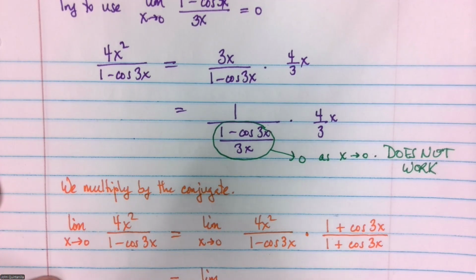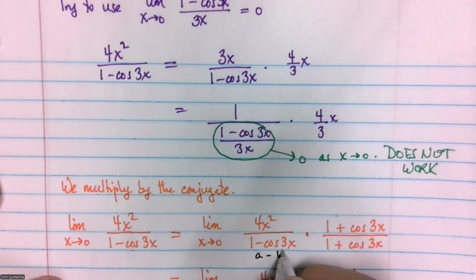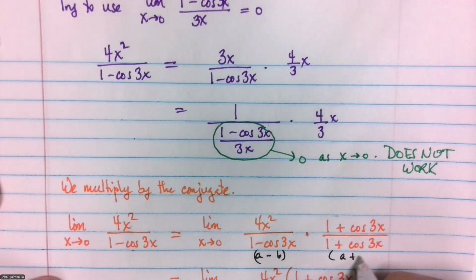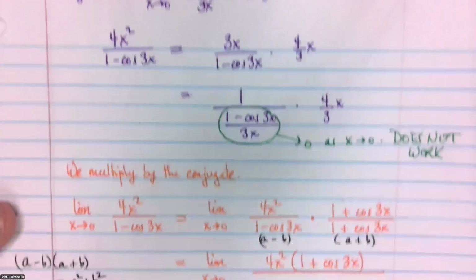That's equal to the limit as x approaches 0. On top, I have 4x squared times 1 plus cosine of 3x, divided by, on the bottom, this has the form of the difference of two squares. So this has the form of a minus b times a plus b, and we know that a minus b times a plus b is equal to a squared minus b squared.